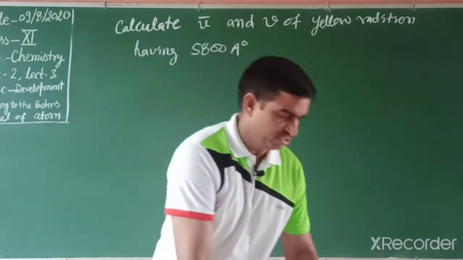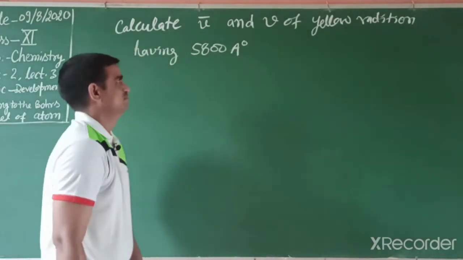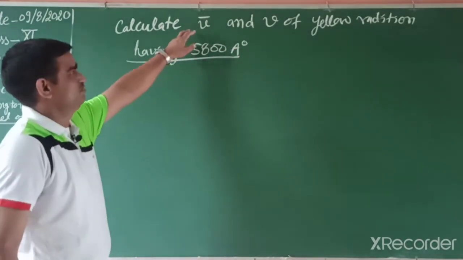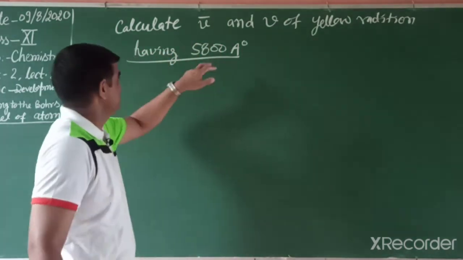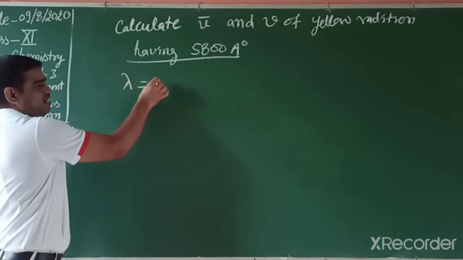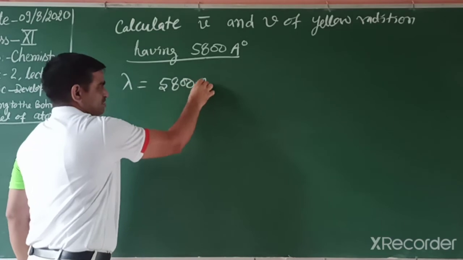This is the question given, students. Only 5800 angstrom is given, and we have to find the wave number and frequency. At first, what is this? This is the wavelength, and the wavelength is given as 5800 angstrom.